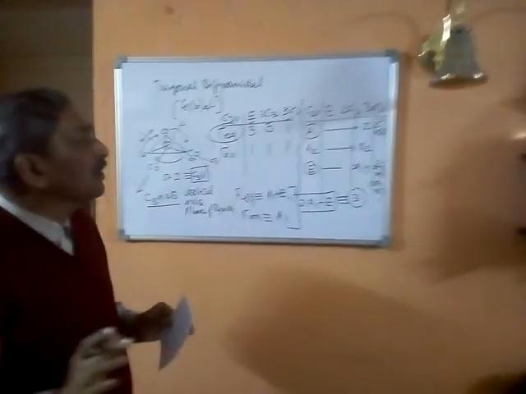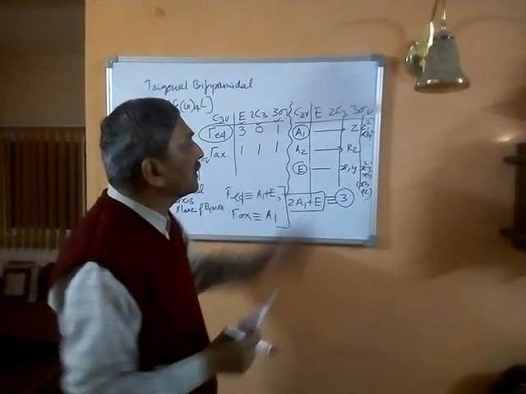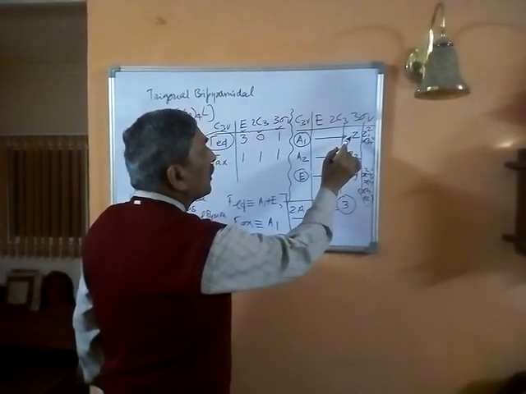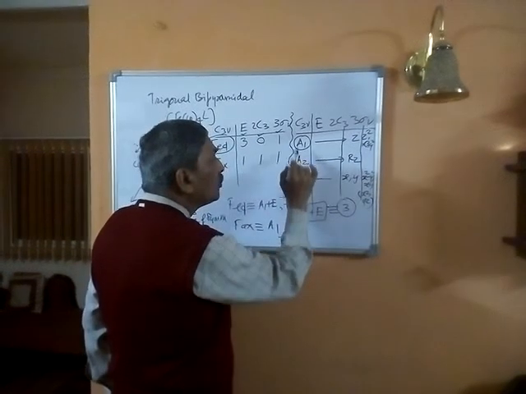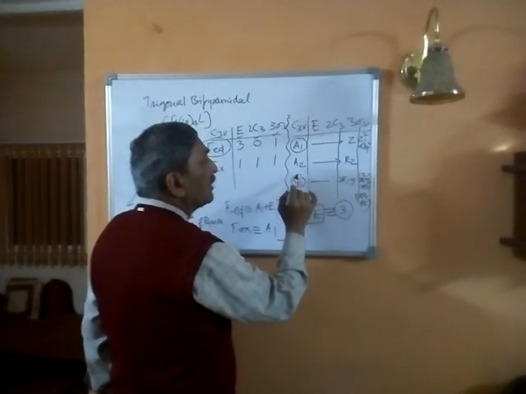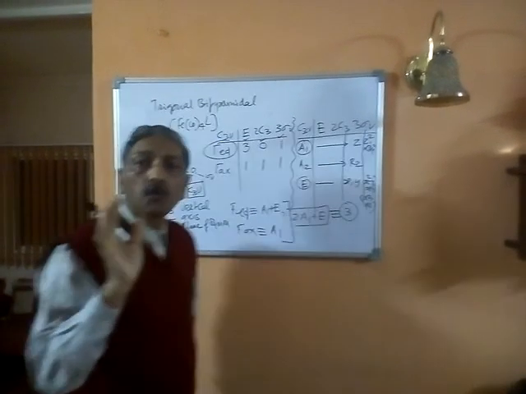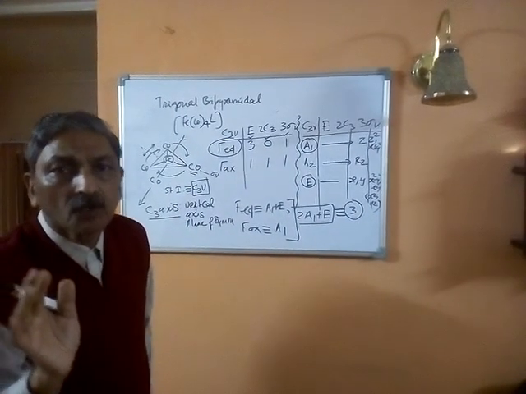So in the character table you have, besides the characters, how the irreducible representations are transforming in the form of unit vectors and the squares of the unit vectors.